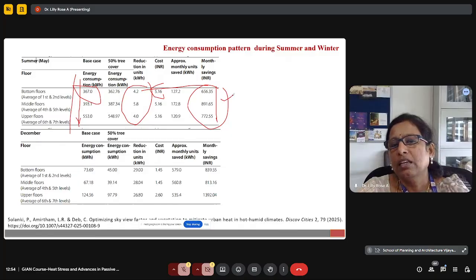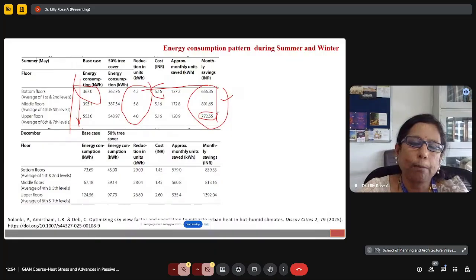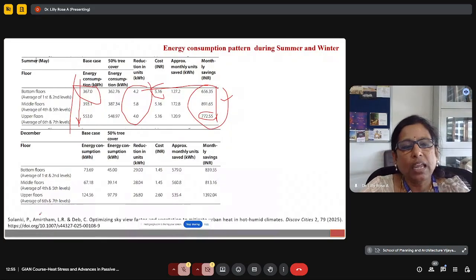during the study, and it varies. The saving is much higher at higher floors compared to lower floors. Similarly, in winter, the reduction in the number of units is much higher, but it is more or less the same on all the floors.